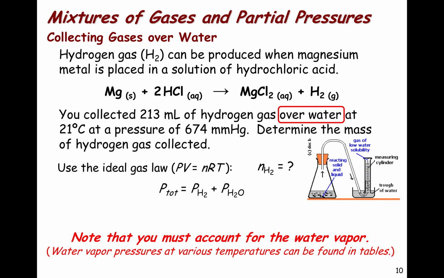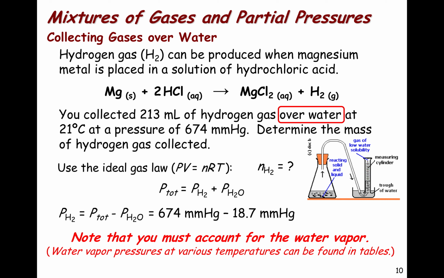So therefore, the total pressure is the sum of the pressure of the hydrogen and the pressure of the evaporated water. So to just figure out the hydrogen, we're going to take our total pressure and subtract away the pressure of the water.